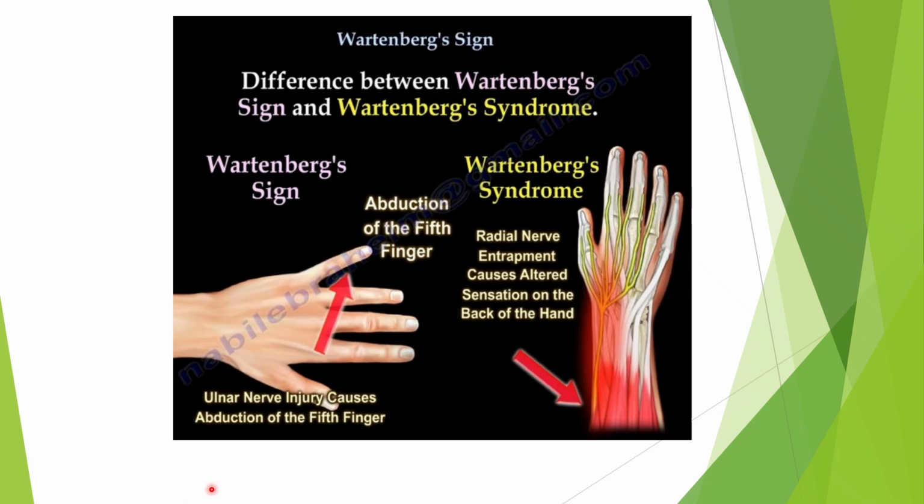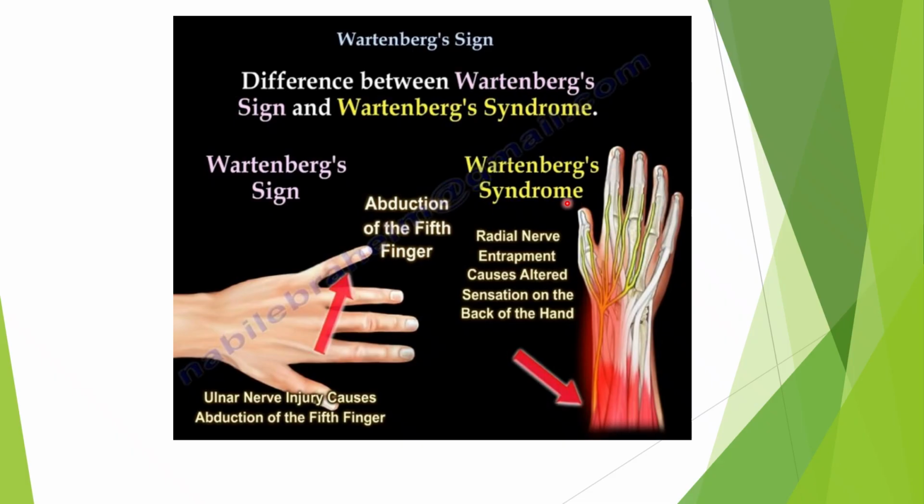Note the difference between the Wartenberg sign and the Wartenberg syndrome. As earlier told during the description of the ulnar nerve, Wartenberg sign is the loss of adduction of the fifth finger. So the fifth finger remains abducted. So this is a test used to test the ulnar nerve.